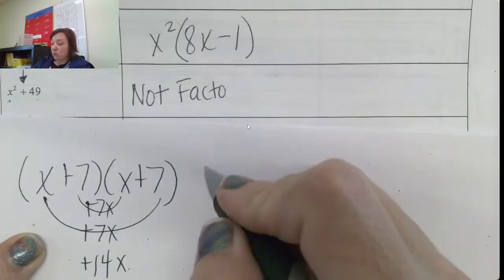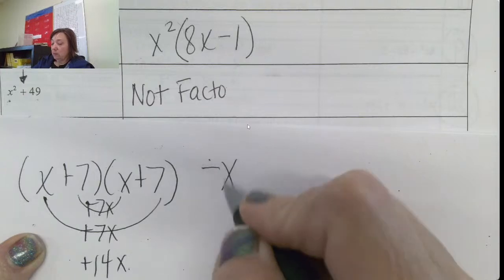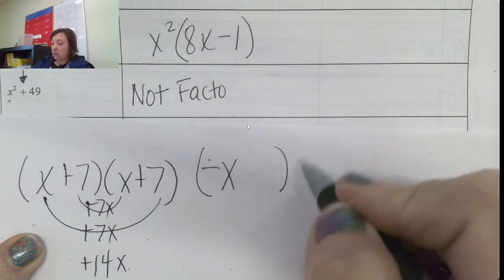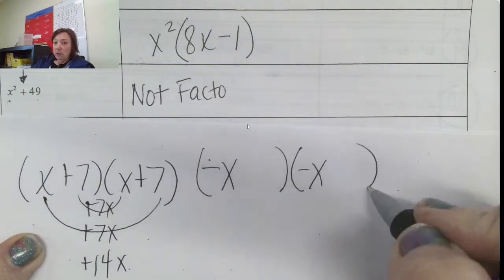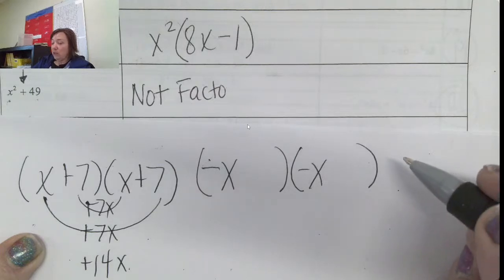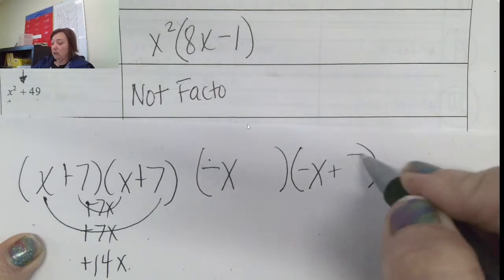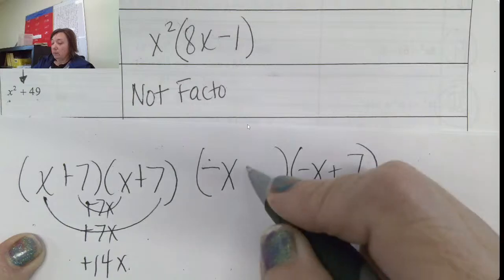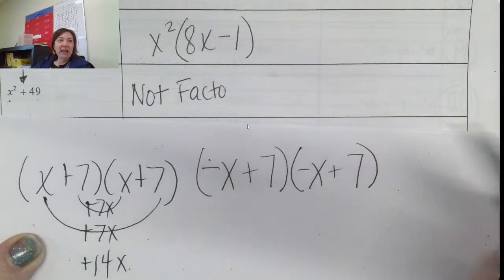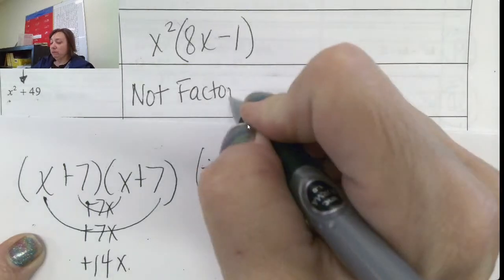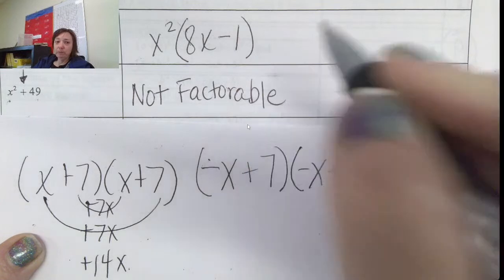If the x's were negative, but then these would have to be both still the same sign, right? So what are we still going to wind up with? Not factorable. So this one is not factorable.